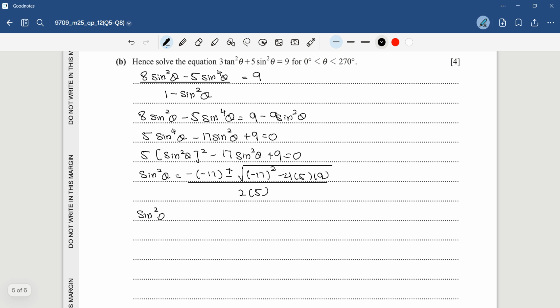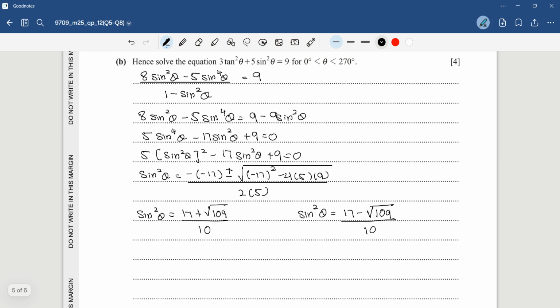Sine square theta will be 17 plus square root of 109 over 10, and the other will be 17 minus square root of 109 over 10.